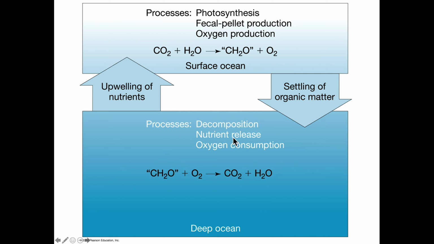When it breaks down, it releases the nutrients and it uses up oxygen in the respiration process. So now we're reversing the equation, taking carbohydrates, respiring them with oxygen, generating CO2 and water vapor. This nutrient release is ultimately going to pop back up at or near the surface in the process of upwelling.